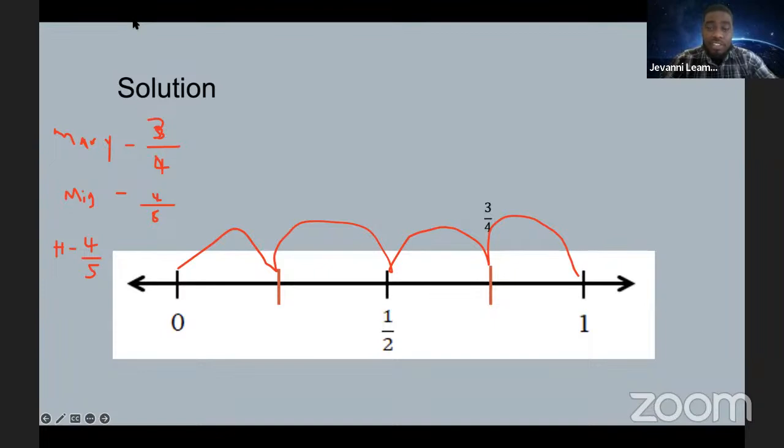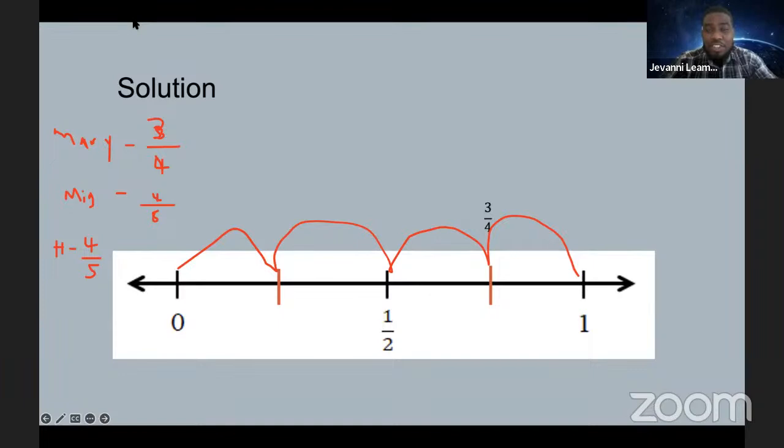Someone is saying Harry, but how do you determine if it's Harry? We use 4 intervals. Is it that I'm going to look at my numerator or my denominator? Denominator. So which one of these fractions has a denominator of 4?